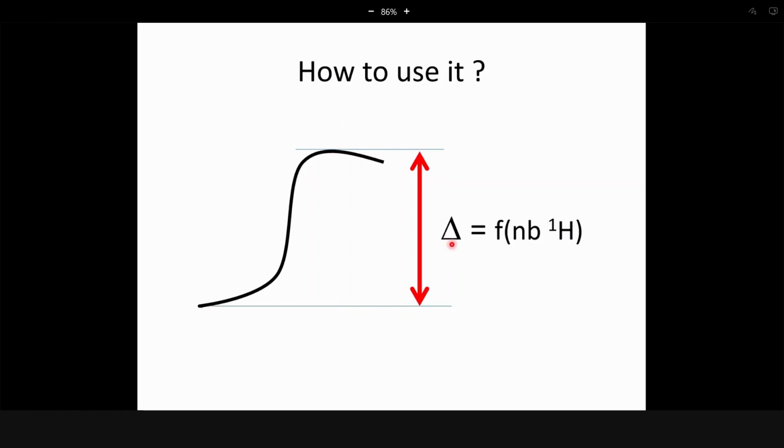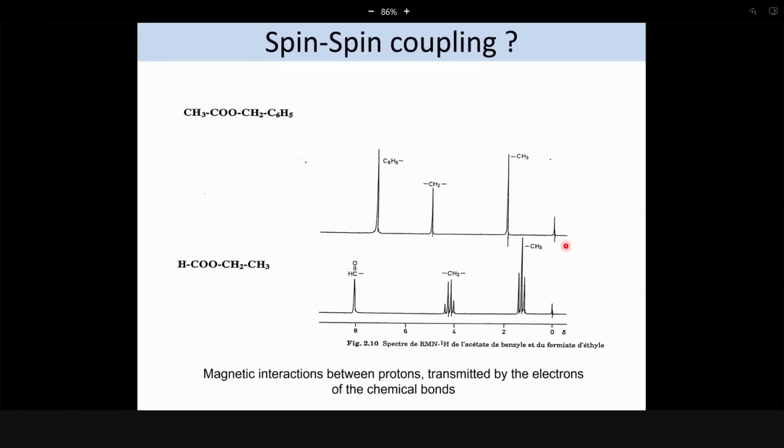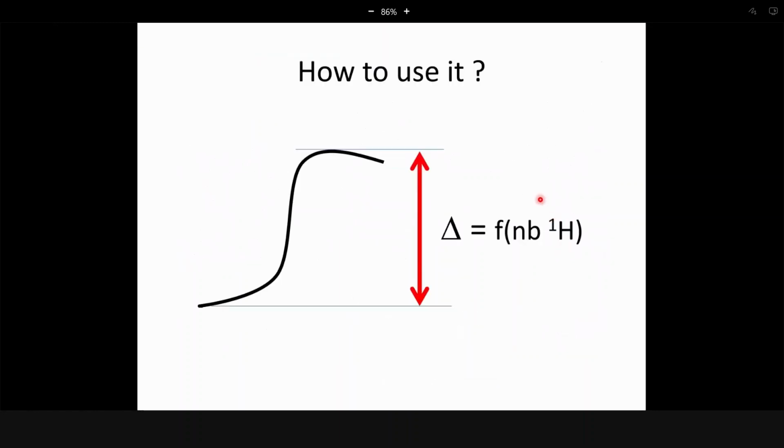And this value is directly linked to the number of protons in the group. Okay, so this is the second information. We can get the number of protons in the group when we compare the surface under each peak.